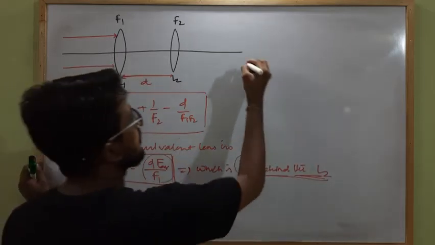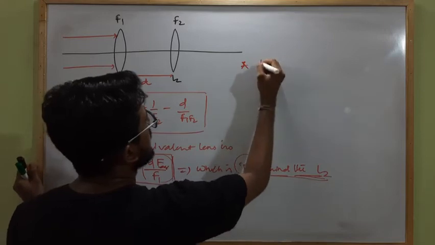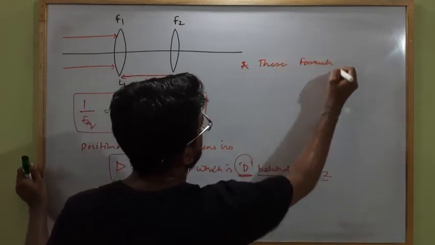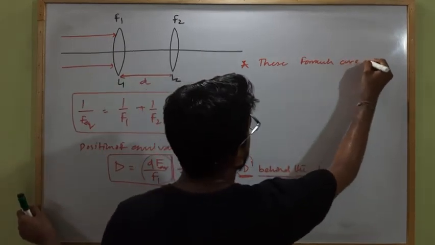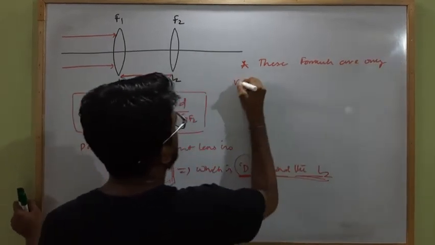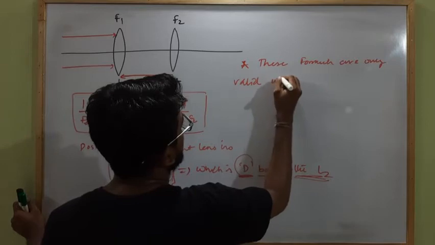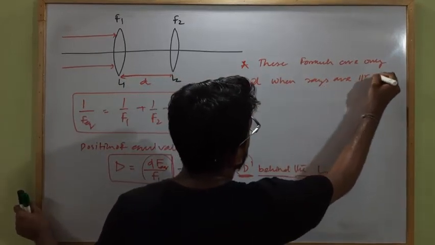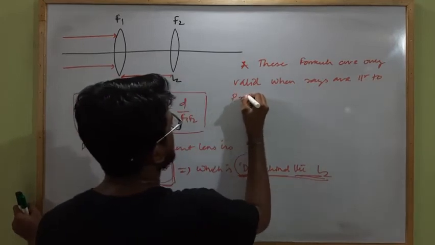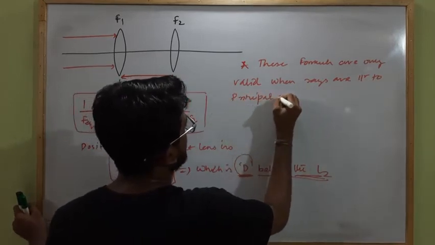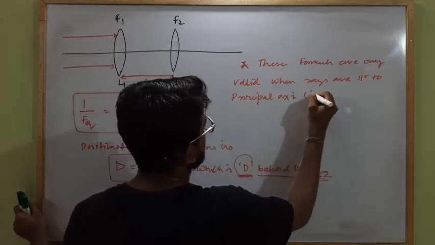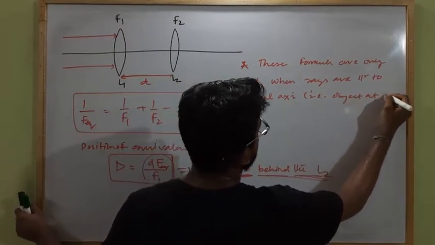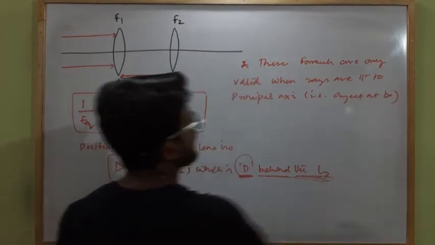Clear? And you have to remember one important point. These formulas are only valid when rays are parallel to the principal axis, that is, object at infinity. Clear?